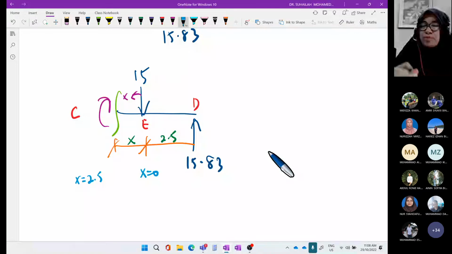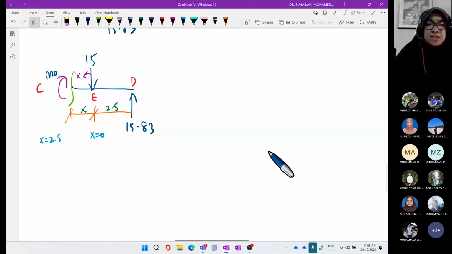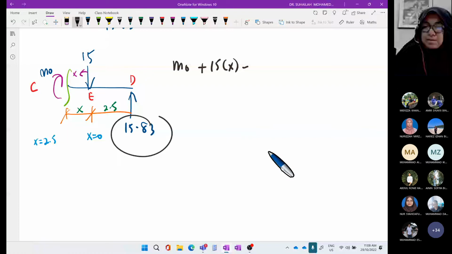Okay, so this is the moment equation. Write the moment equation for this. It is M naught plus 15 times X, then minus, what is this? Minus, right? Yes, DY.